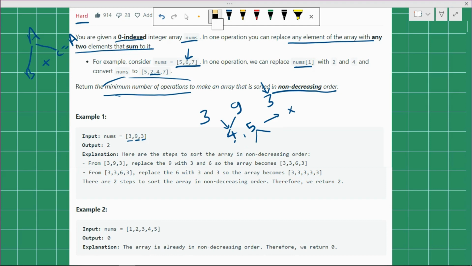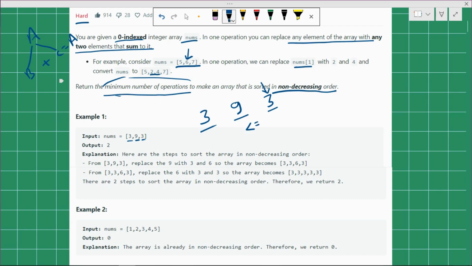So how can we approach this? We observe one thing, that the last element should be the greatest. So why not start from the last only? So here we will start from last. First we will encounter 3, so it's okay. Then we meet the second last element, that is 9, and then we go to 3. When we are at 9, we see it is greater than 3, and it should be less than or equal to it, ideally.